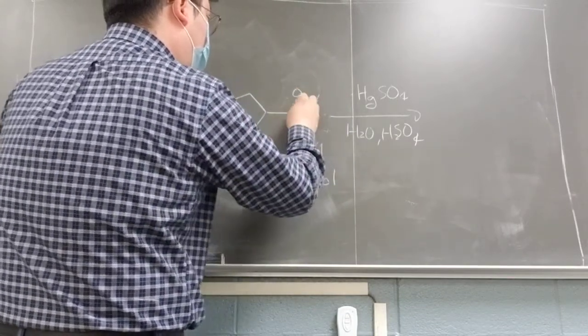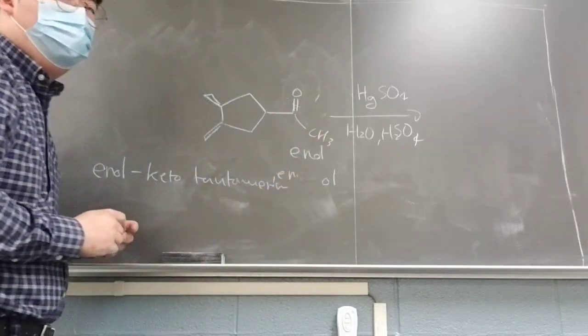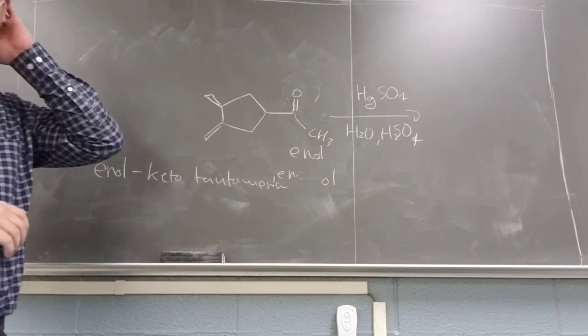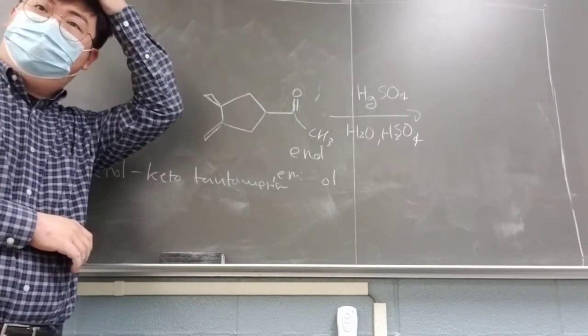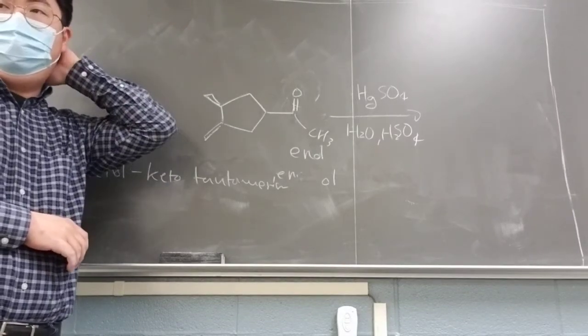So they form this one. Because of the alpha substitution, it will be covered in chapter 21, which we will cover in Orgo 2. So that's why I didn't explain last time as well.